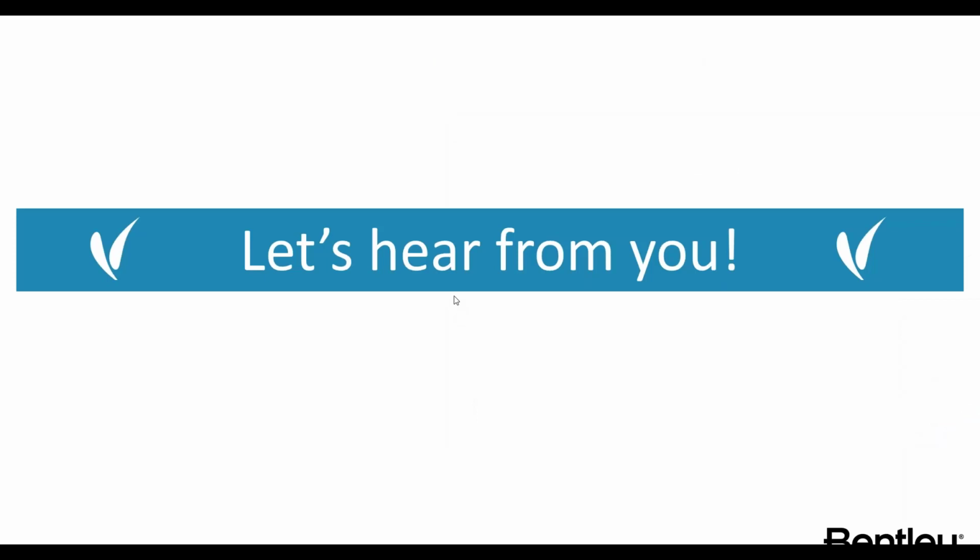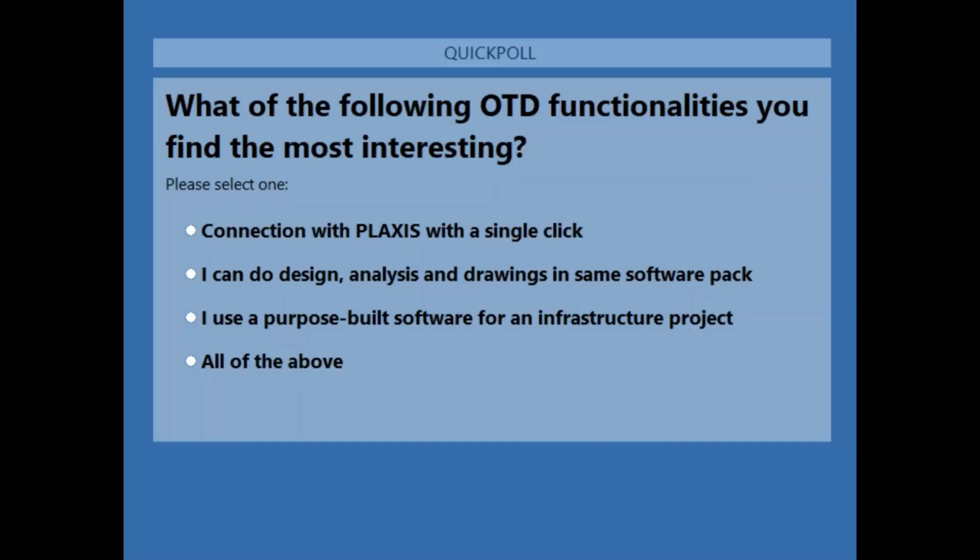Okay, I will run another poll, guys. Let me find the poll, because I really want to understand which of the following OpenTunnel Designer functionalities you find the most interesting. Connection with Plaxis with a single click; the fact that you can do design, analysis and drawings in the same software pack; or that I am using purpose-built software for an infrastructure project.